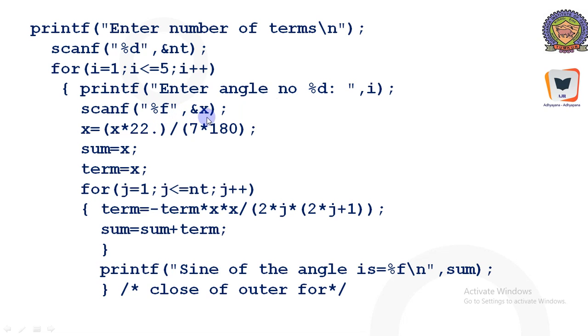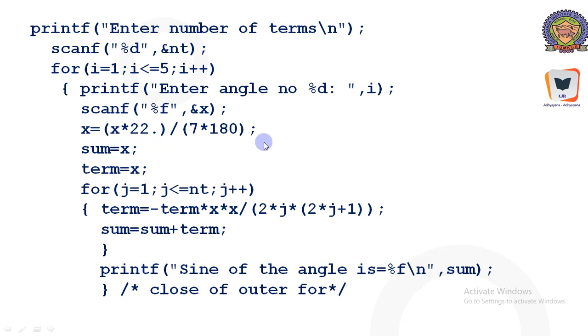The user will enter, let us say, 30 degree, then 30 degree will be immediately converted into radian value. So x entered in degrees will become the same x converted into radians. And this kind of expressions are really feasible in C programming. See, x here, when it is taken inside the computer, is the value of an angle in degrees.